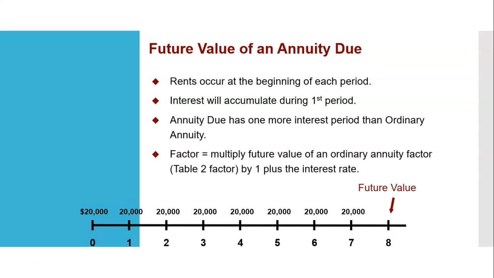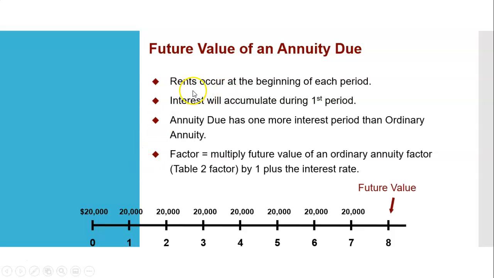We talked in the last 2 videos about annuities that have 4 factors: either the present value or the future value, the interest, the number of periods, and the amount of payments or receipts, which are called rents.